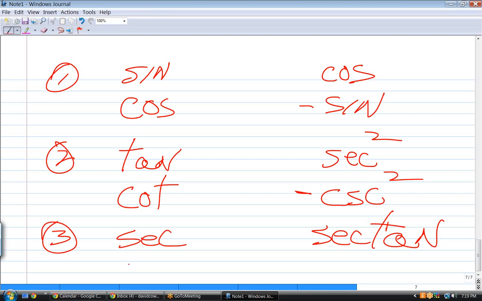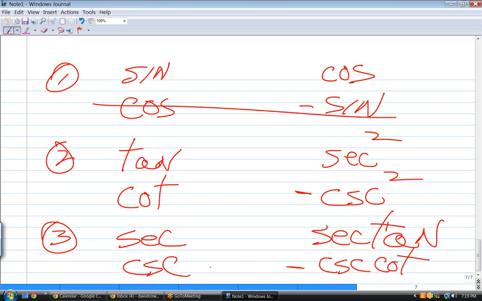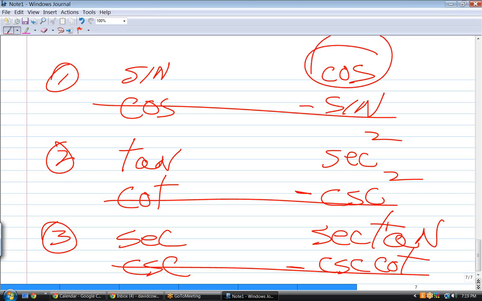And so the last one would be cosecant. Well, first thing I know is it's negative. All 3 cofunctions are negative derivatives. Cosecant, cotangent, right? So you don't need to memorize that, or that. You can always figure them out. Just remember that the derivative of the cofunction is negative, and whatever this is, it's the cofunction of that also.